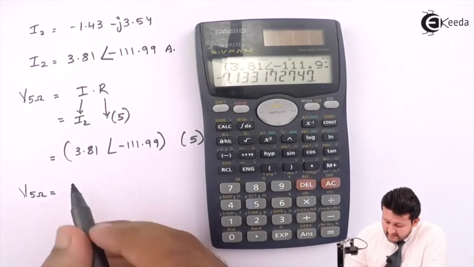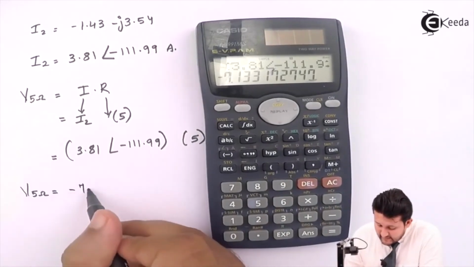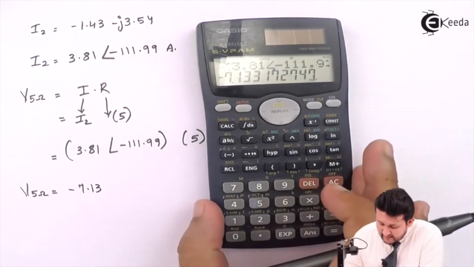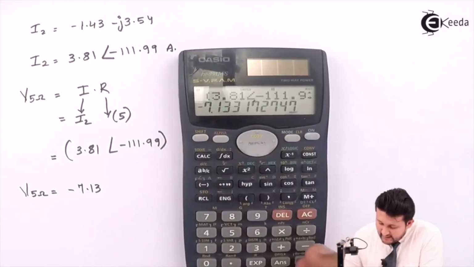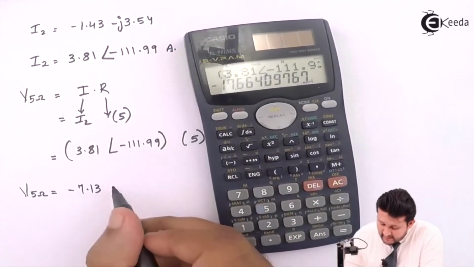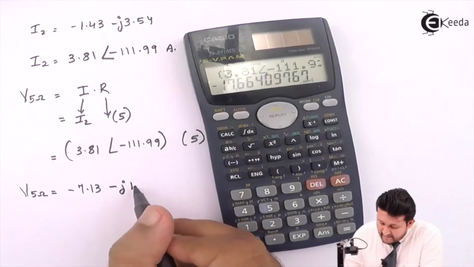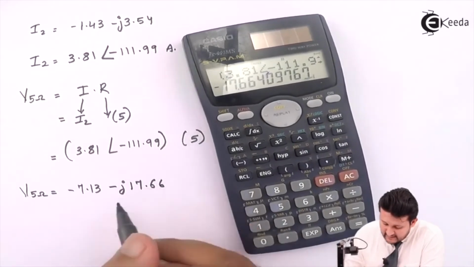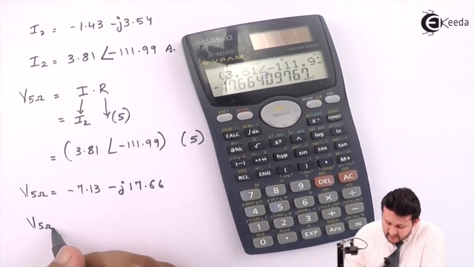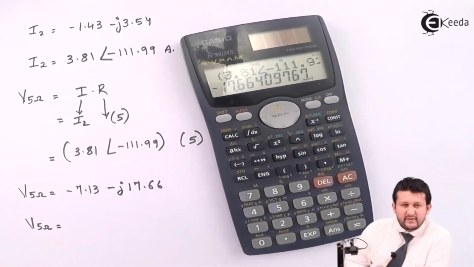So the value will be minus 7.13, shift and equal to, the value will be minus J 17.66. The value which you got is in rectangular form. Whenever you calculate in complex mode, you'll always get the value in rectangular form. You'll never get the value directly in polar form. You have to convert that value into polar form.